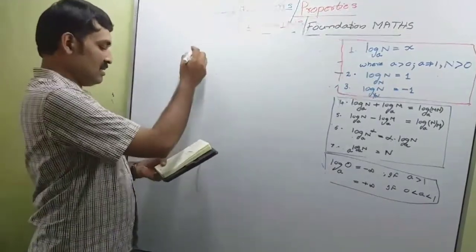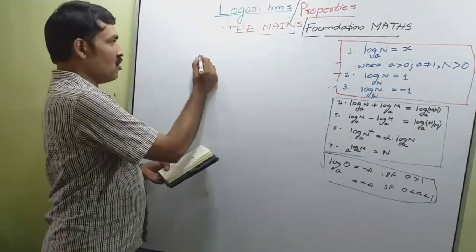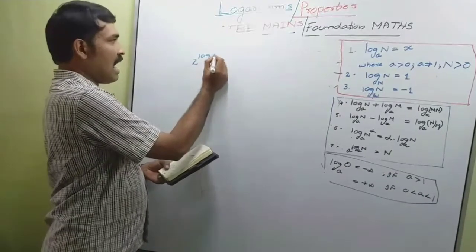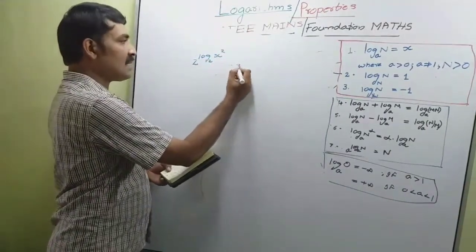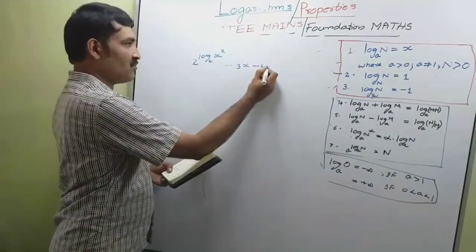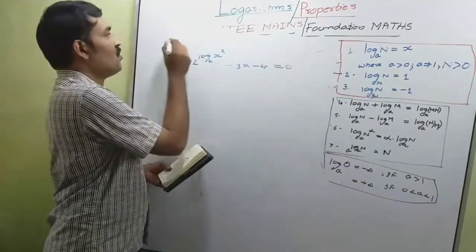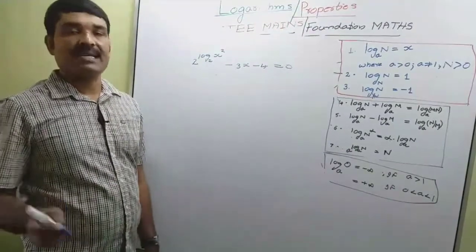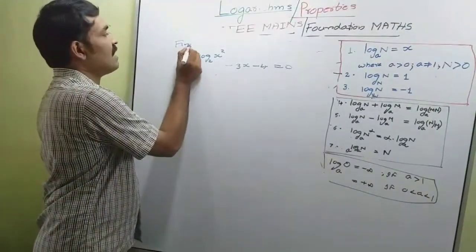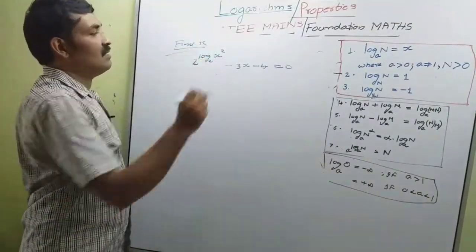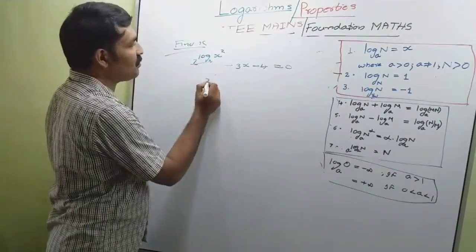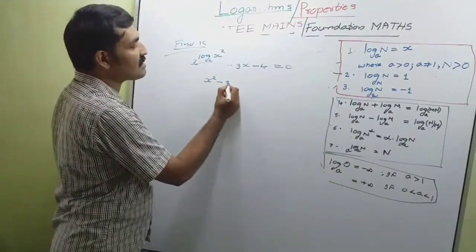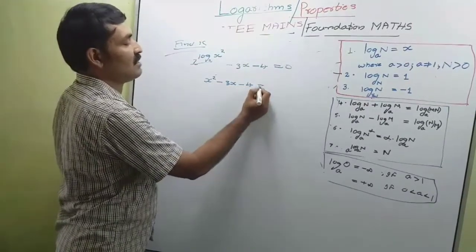Now the question is 2 raised to log of x square minus 3x minus 4 to the base 2 is equal to 0. Find the value of x. Using this property, this 2 and 2 get cancelled. So this becomes x square minus 3x minus 4 is equal to 0.